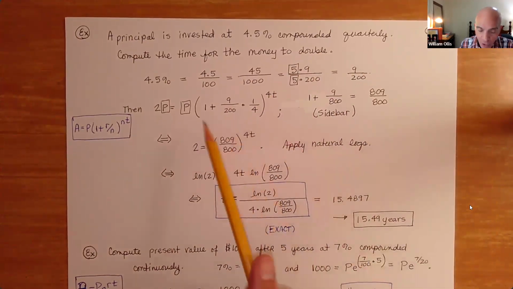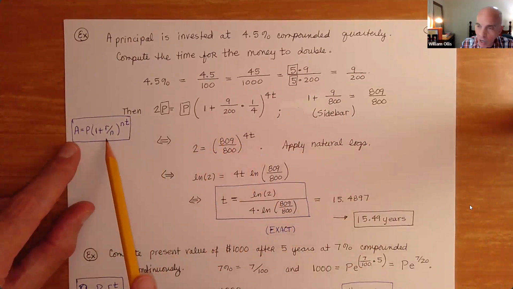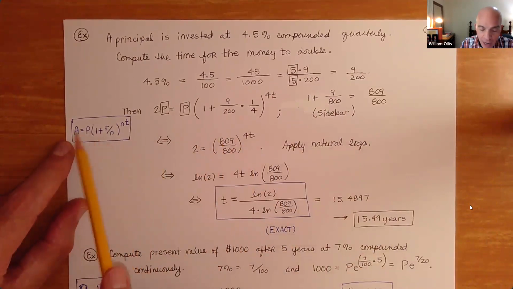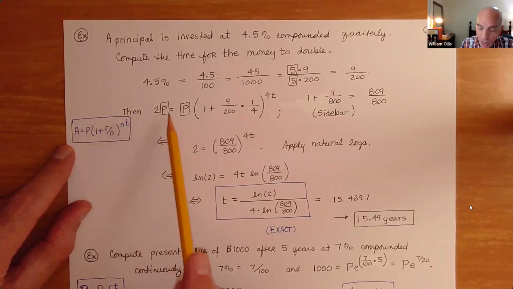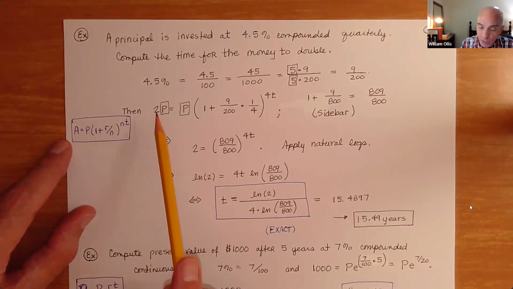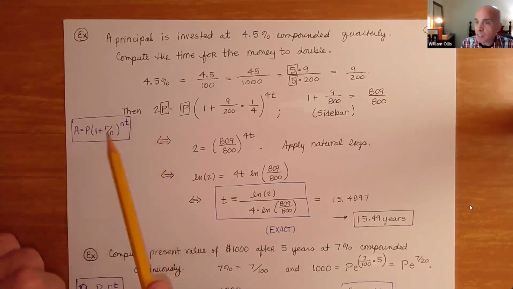So now again, we go to our compound interest formula. Now the amount or future value is just 2 times the principal. We don't know in this particular case what the principal is because it doesn't matter. It will simply absorb.